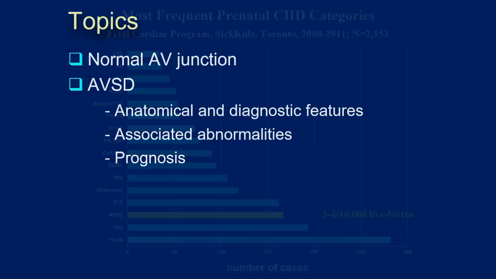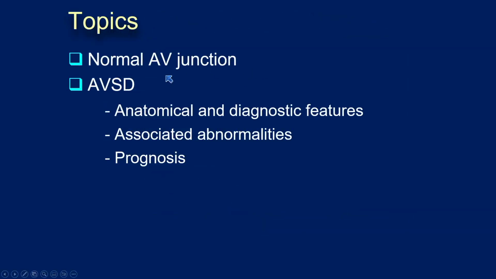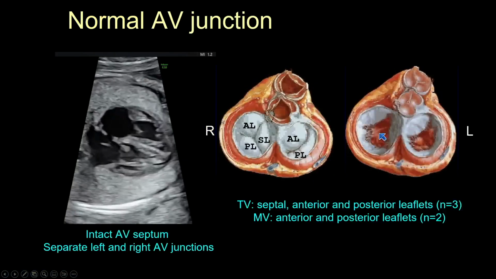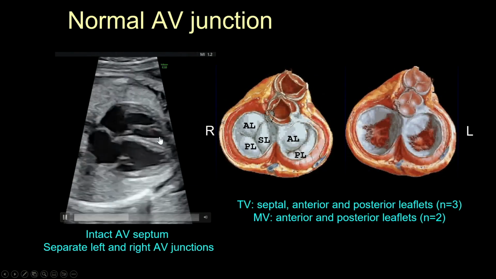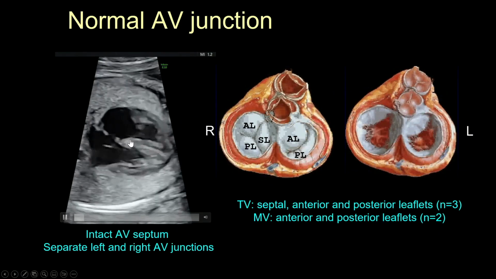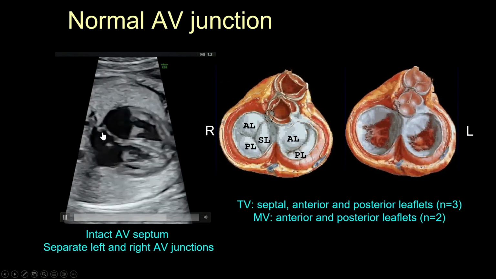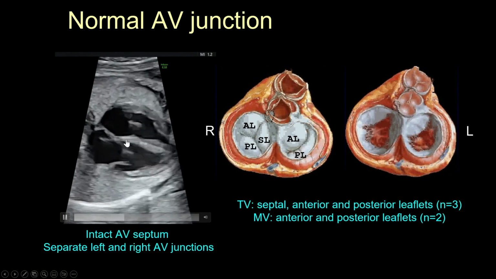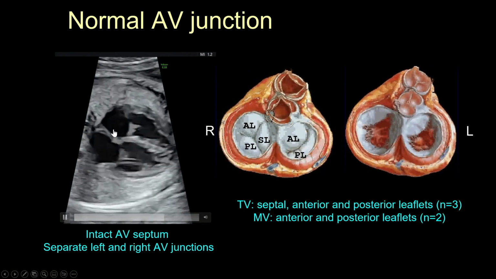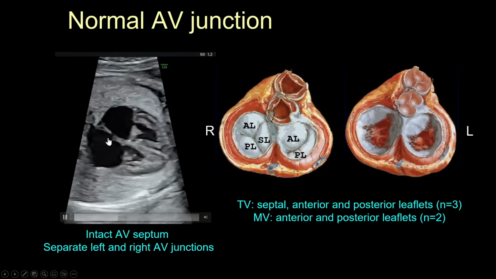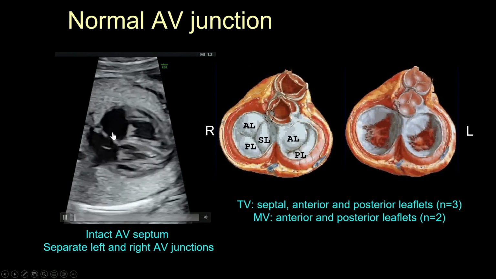So let's first look at the normal AV junction and then go into the anatomical and diagnostic features of AVSDs and the associated abnormalities. As you have heard and seen before, the atrioventricular septum should have only one communication really, and that's the patent foramen ovale.